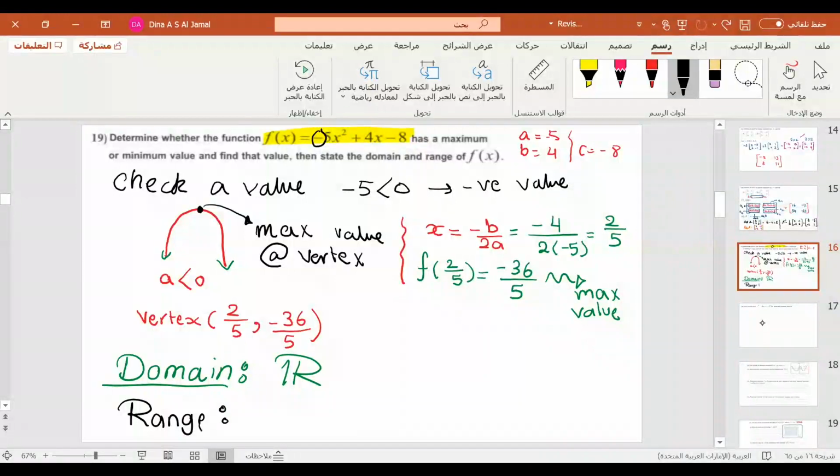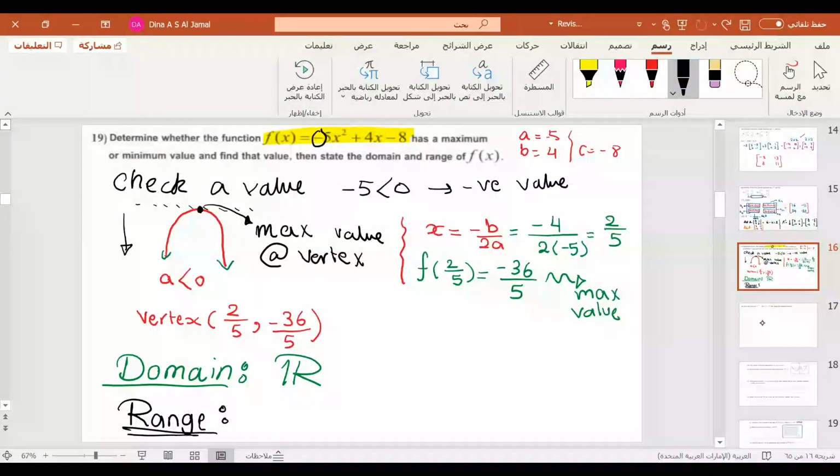To find the range, always focus at the vertex, where the graph started and where it ended. That means your range will be all the values which are less than your maximum value.